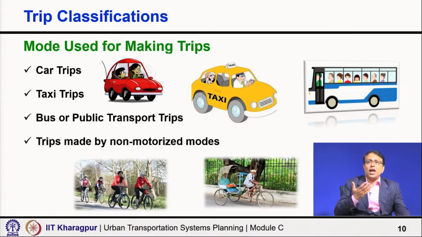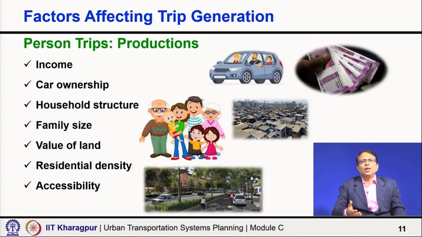So, that is another way of looking at the trips, what kind of mode is used for the trip. So, those are different ways we can look at the trips and to develop our understanding, insights, and then adopt the most suitable classification, what is really most appropriate for a given context, given work.